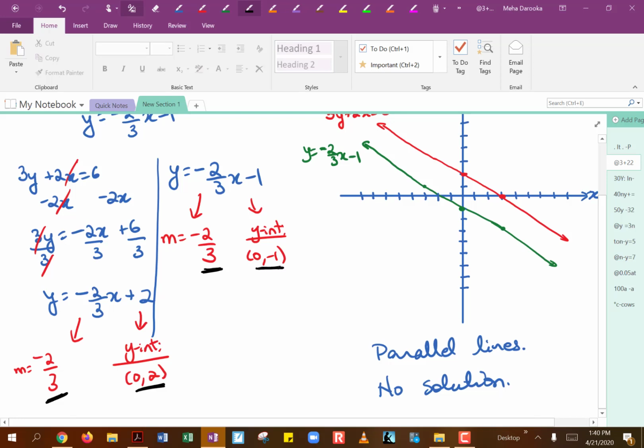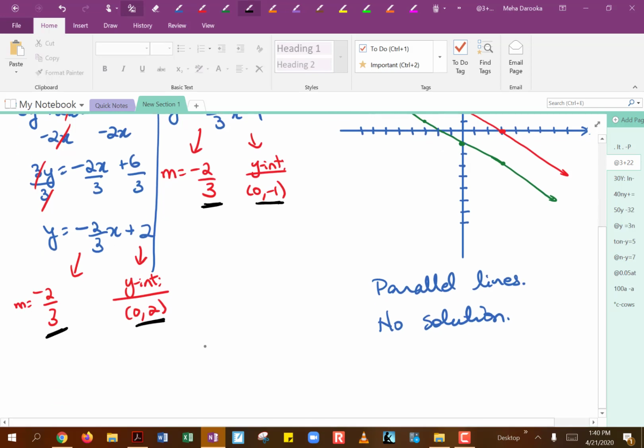So that actually tells you that these are going to be parallel lines because they have the same slope, but they have different y-intercepts. Now equations of this variety, where basically the two lines end up being parallel lines and you get no solution, we call those systems inconsistent systems.